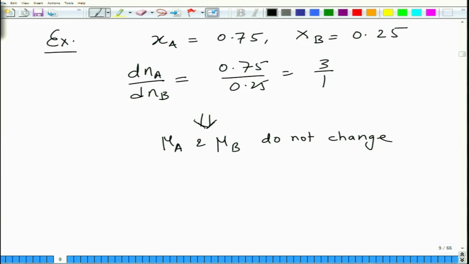All right. So now let us calculate the molar free energy.